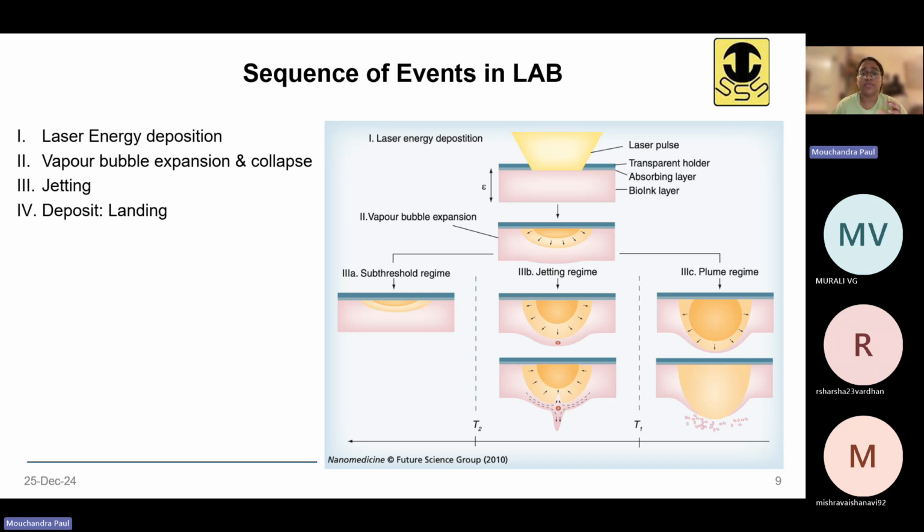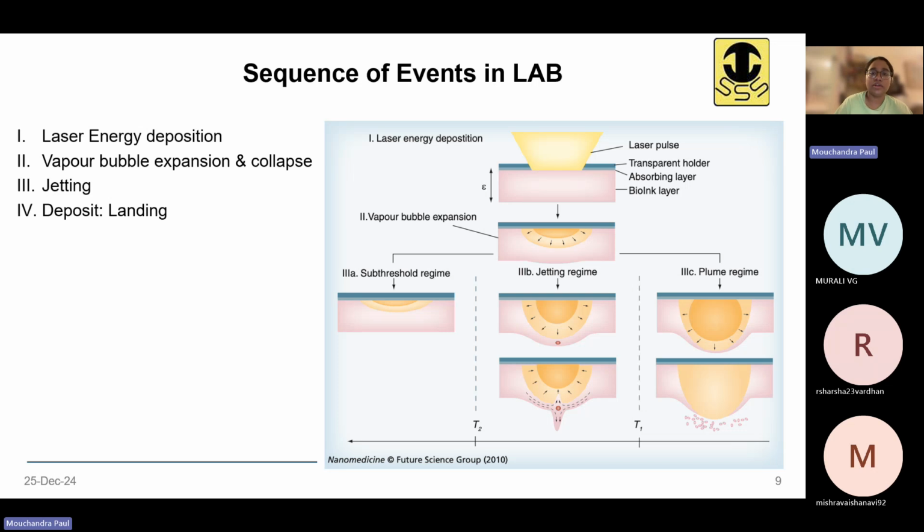All right, and this vapor bubble expands. This is step 2. This vapor bubble starts to expand towards the bioink layer, because that is the free surface. It starts to expand outwards, like if the surface is like this, the vapor bubble starts to expand outwards.